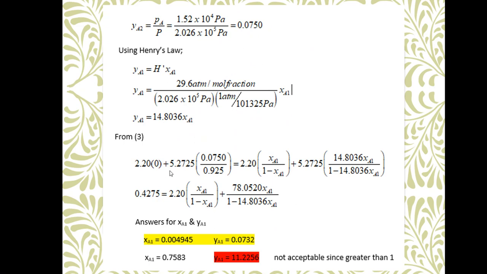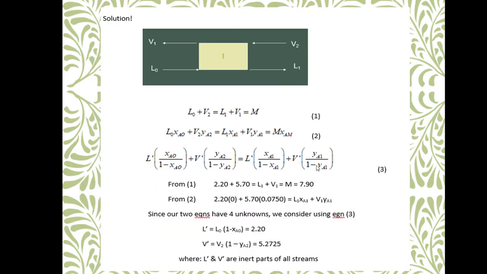Now if we substitute the mole fraction and this one, the mole of air, if you take out 0.050 from 1, that would be 0.925. This is XA1 and this is also XA1. In the original formula, if I may go back, this is YA1 and this is XA1.